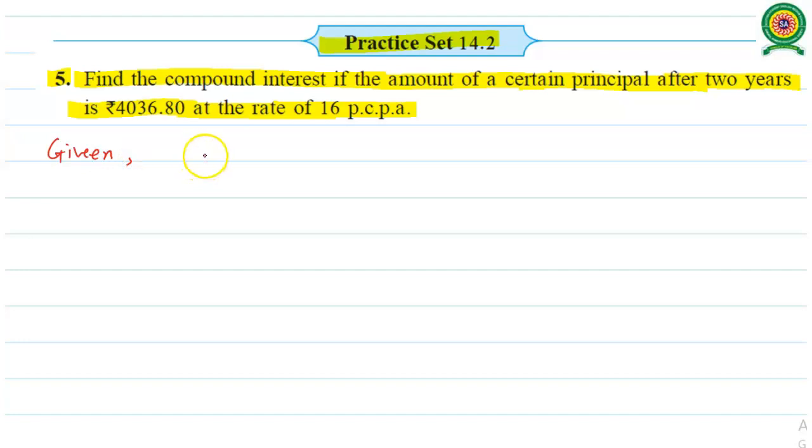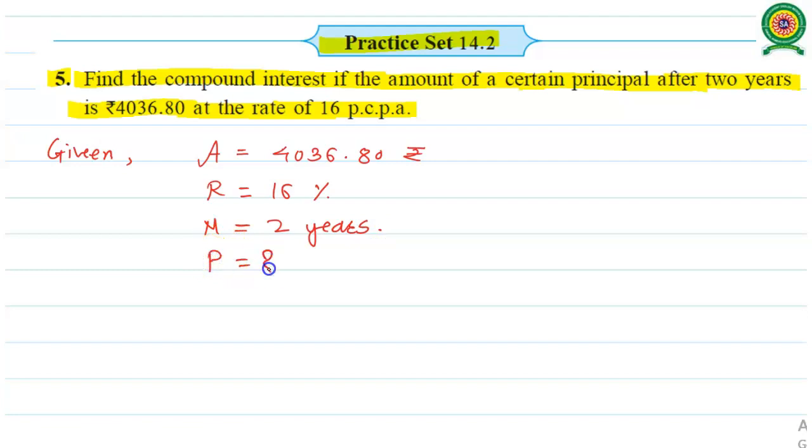We have given here the amount at the end of the 2 years, that is 4,036.80 rupees. We have the rate of interest, that is 16% per annum. Duration we have is 2 years, and here we have to evaluate the principal amount.